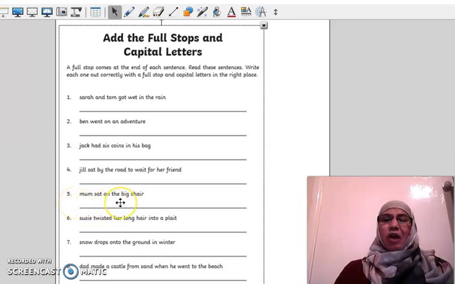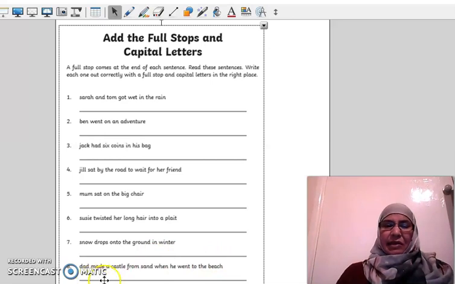Number 5. Mum sat on the big chair. Number 6. Susie twisted her long hair into a plait. Number 7. Snow drops onto the ground in winter. Number 8. Dad made a castle from sand when he went to the beach.